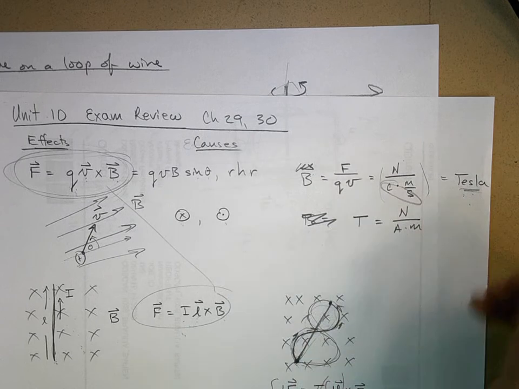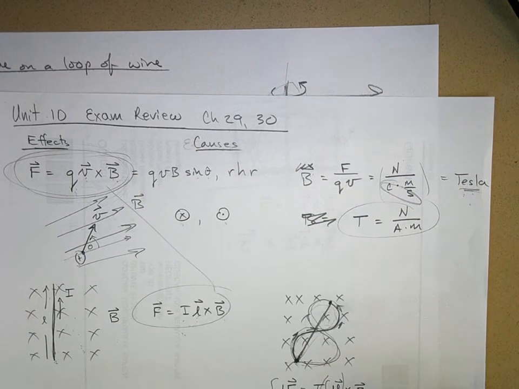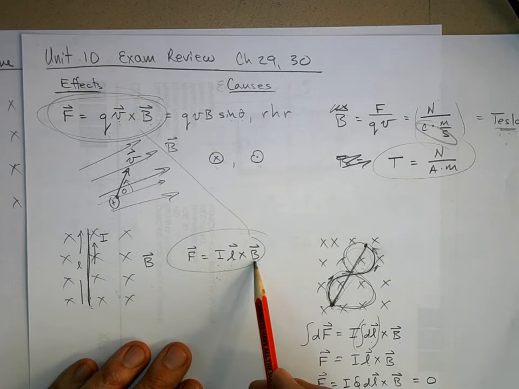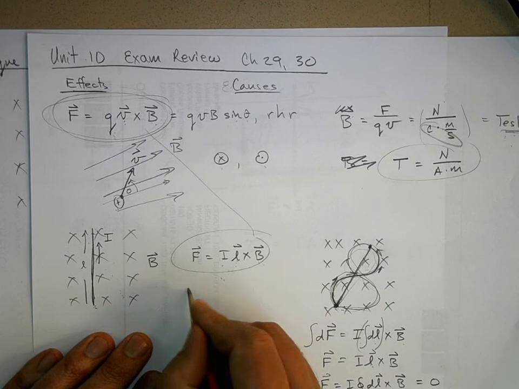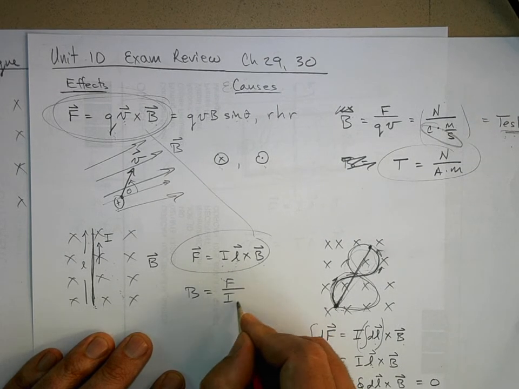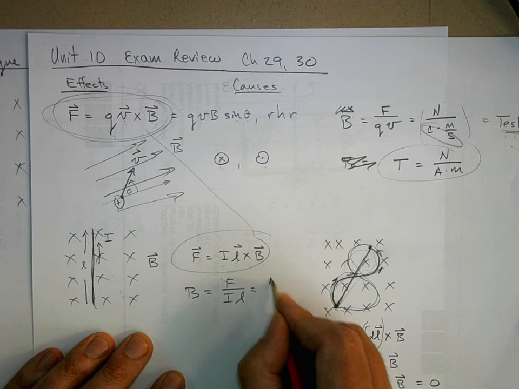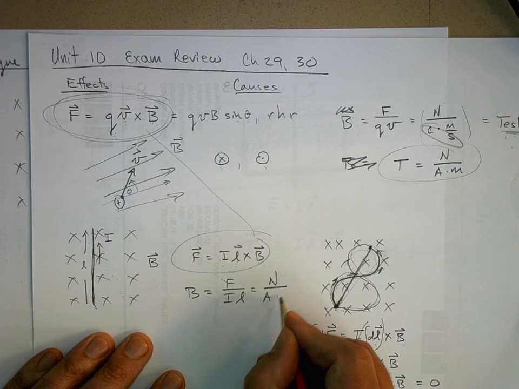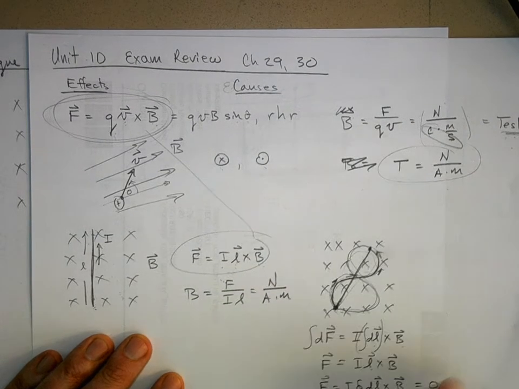So either way you want to look at it, which does make a lot of sense, right? I mean, if you solve for B here, you get B is equal to F over I L. Well, that's newtons per ampere meter. Oh, yeah, there you go. Okay.